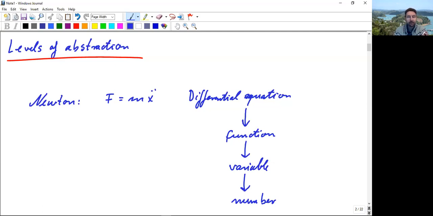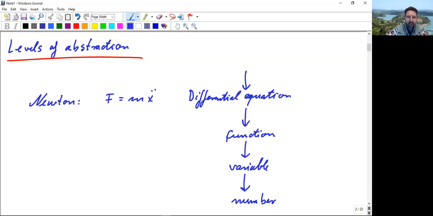So people like Hamilton thought, maybe there's a simpler way. Maybe we can derive the differential equations from something more abstract. That could be very useful.